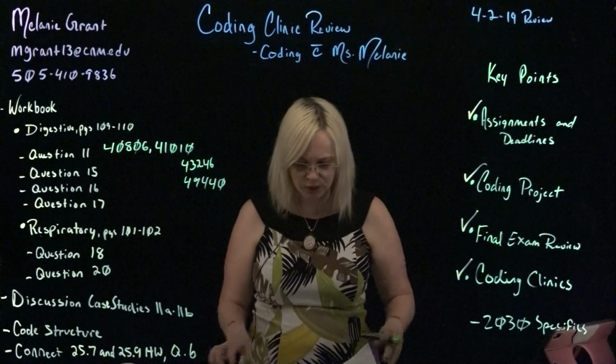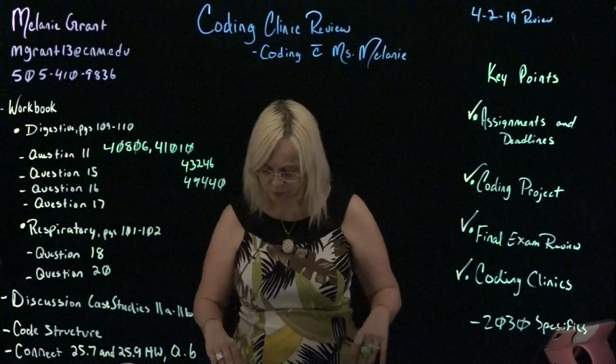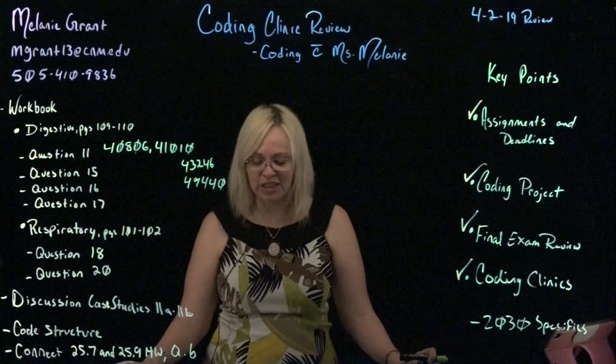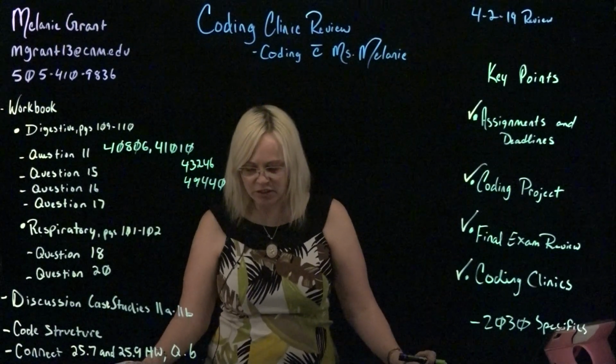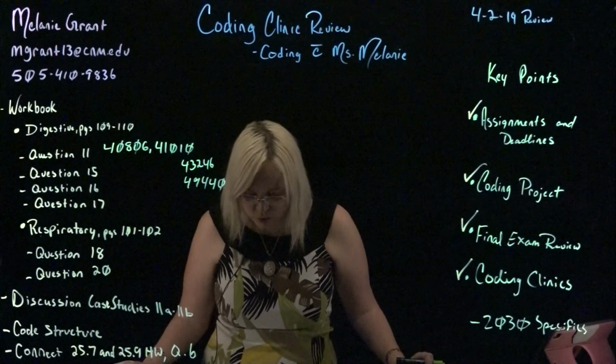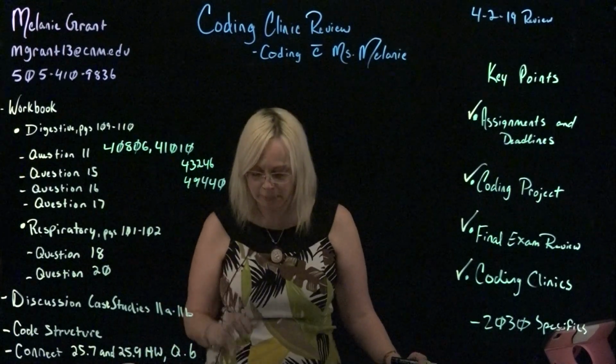So I'm going to flip to 49440. And I find this on page 332 under the subsection initial placement. It also tells me when not to report additional codes for 43752, which is not part of what I'm listing, so I keep going.